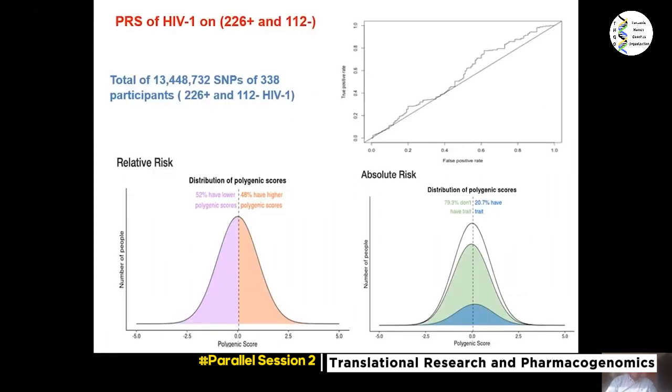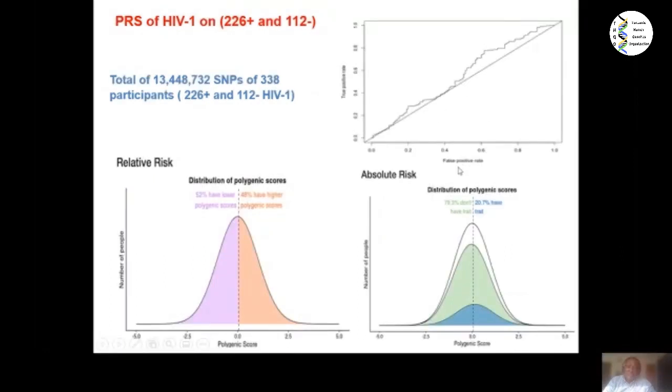Surprisingly, we got results that show a very tight correlation between false positive rates and true positive rates.